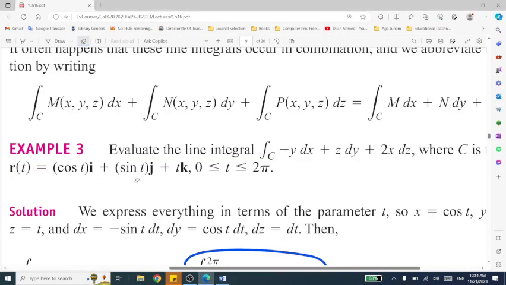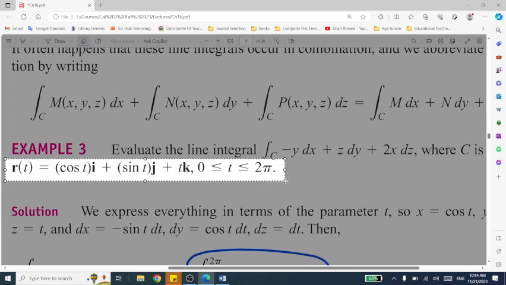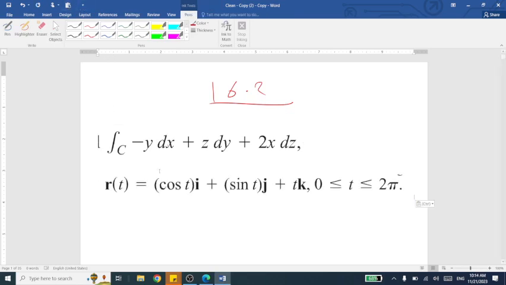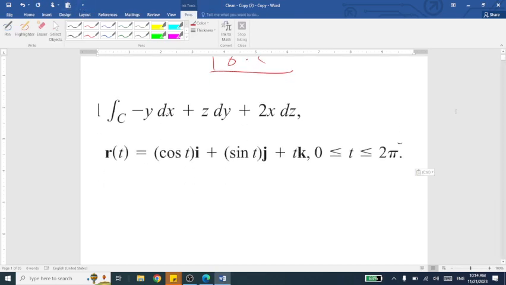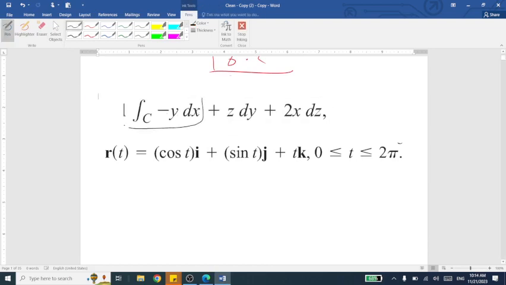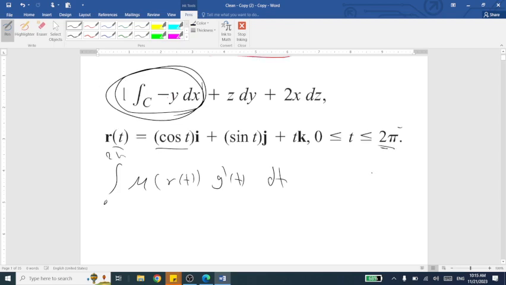Then the given is r(t). Now, to evaluate just this part, the dx part, I say equal to the integral from 0 to 2 pi of M(r(t)) g'(t) dt. That's given. But just one part, okay?